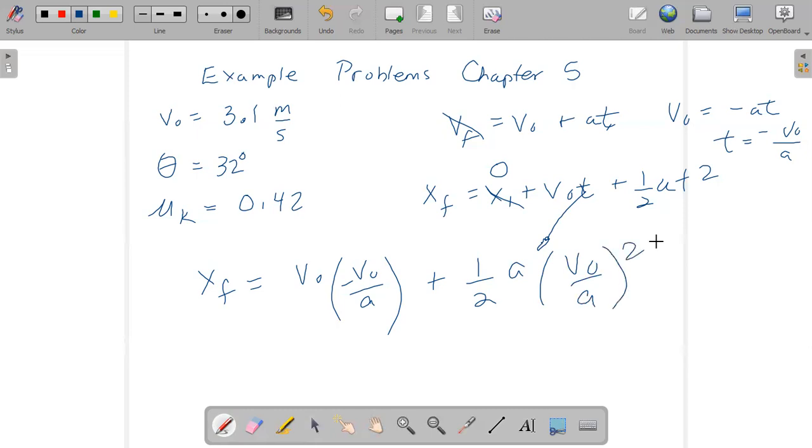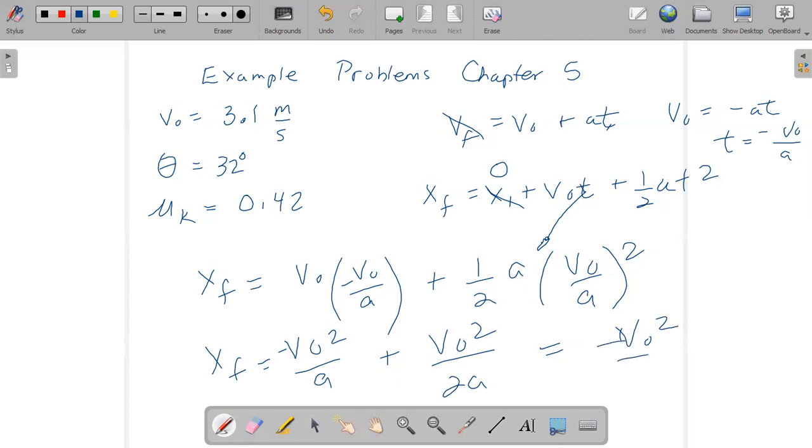All right, so this is working out lovely. This is X final equals V naught times negative V naught over A, plus V naught squared over 2A. So that's going to equal negative V naught squared over A plus 1/2 V naught squared over A, which is negative V naught squared over 2A.